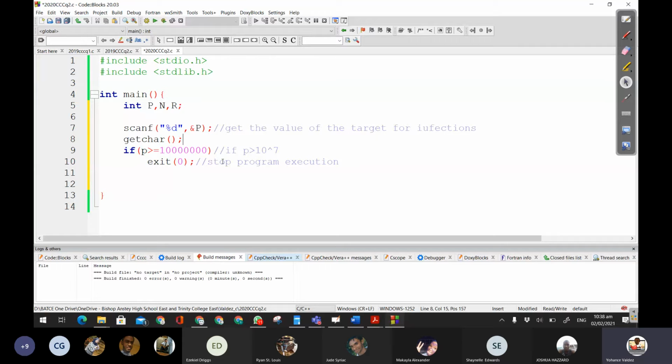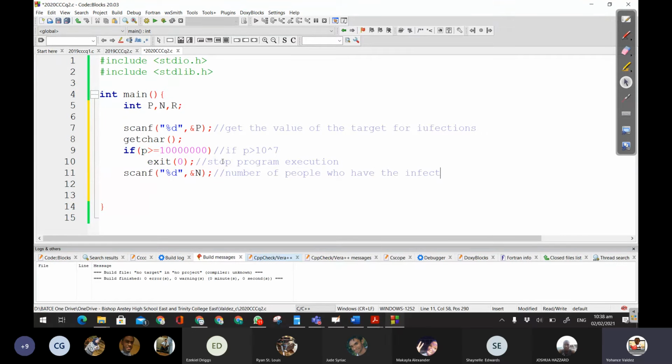So we go scanf, percent sign d, and we store that in n, ampersand n. This is the number of people who have the infection on day 0.